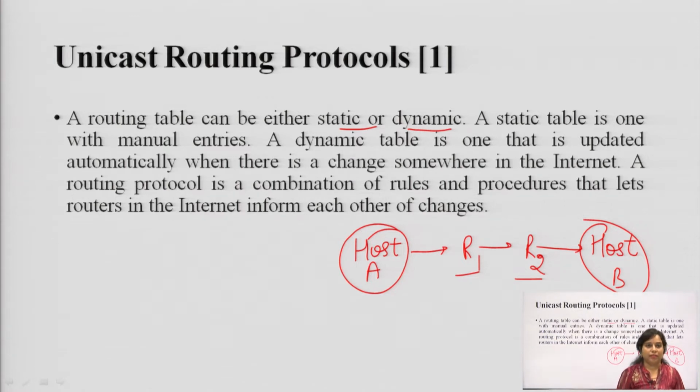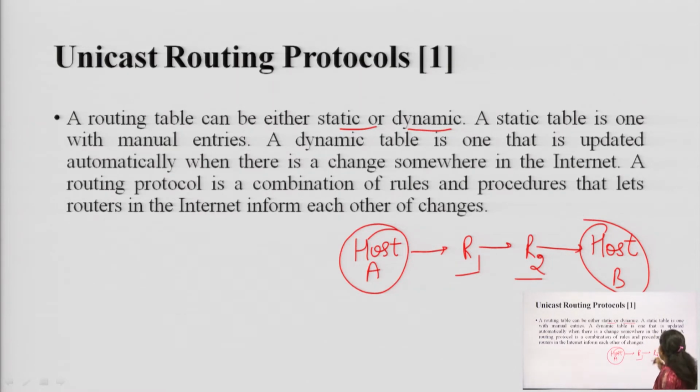It may be possible that 2 or 3 routers can be removed. So that is the case for this routing table: it is either fixed or it changes depending on the network which is connected.